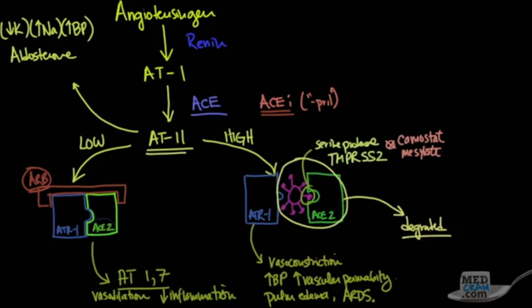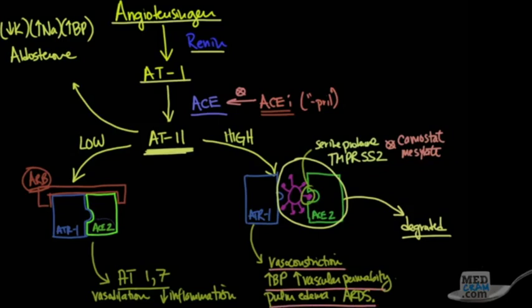So let's review quickly. We've got angiotensinogen being converted to angiotensin 1 by renin. Angiotensin 1 is converted to angiotensin 2 by an ACE enzyme. ACE inhibitors can prevent that from happening. If you have too much angiotensin 2, then what can happen is the angiotensin receptor dissociates from ACE-2 and gets activated to cause vasoconstriction, increased blood pressure, permeability, pulmonary edema, and ARDS.